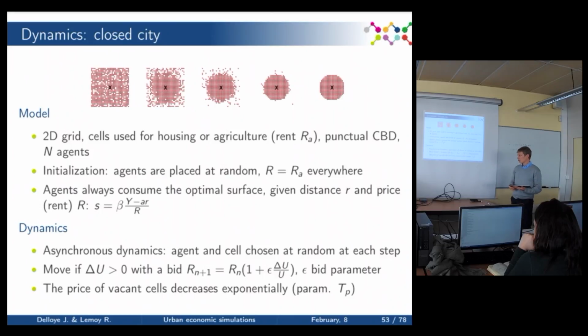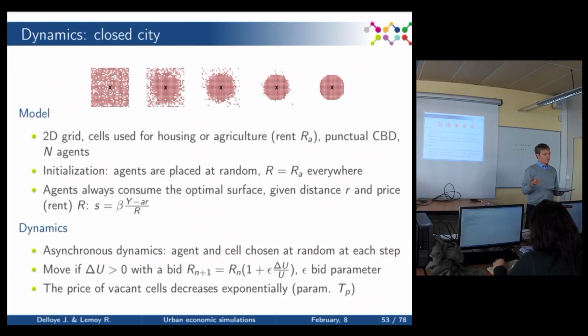What I used is a standard thing in physics, applied mathematics, and computer science, called asynchronous dynamics. I don't know if you heard about that, but it's not really important. It's asynchronous by opposition to synchronous. Synchronous dynamics is mostly used for cellular automata, where you update all cells at the same time: each cell looks at the state of the neighbors or any other cell and then updates its state, everything simultaneously.